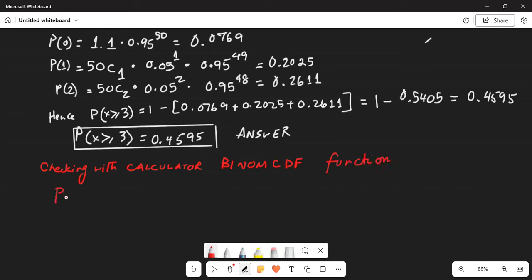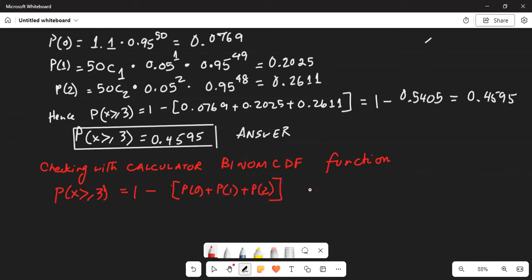So P of X greater than or equal to 3, like we explained before, is equal to 1 minus the complement event, which is P0 plus P1 plus P2.